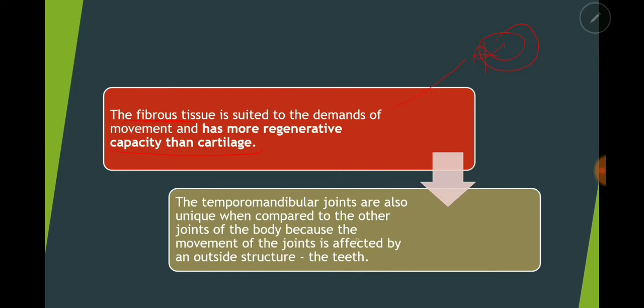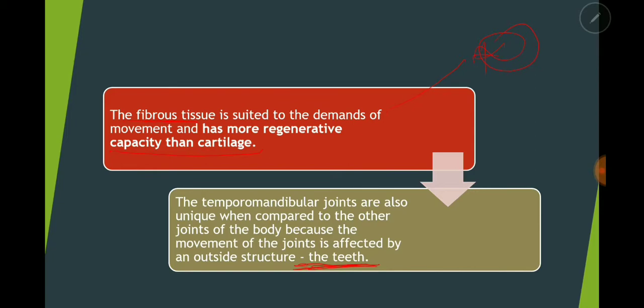The TMJ is also unique when compared to other joints of the body because the movement of the joint is affected by an outside structure, which is the teeth. As we mentioned in the last lecture, if the articular eminence is too steep, the cusp tips of the teeth are going to be long.